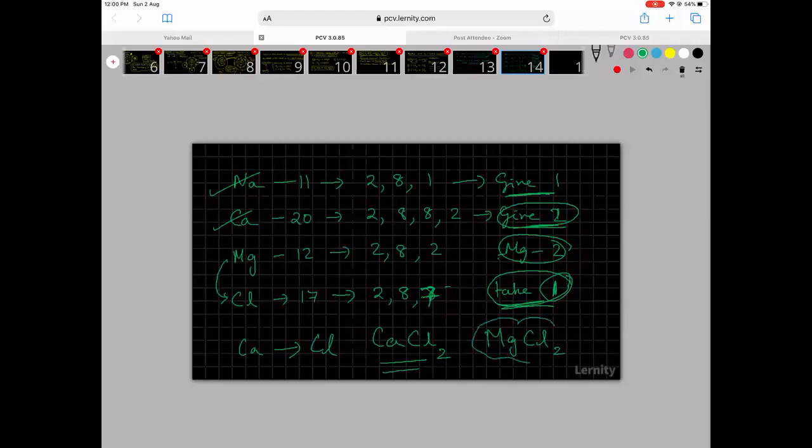So our compound is MgCl2. If you understand this, yeah.